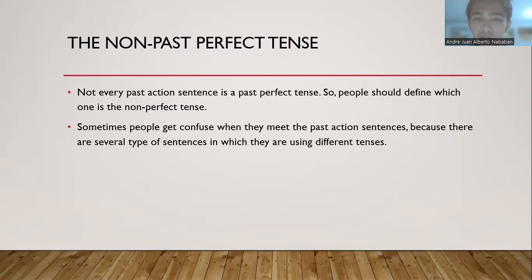Sometimes people get confused when they meet past action sentences because there are several types of sentences using different tenses. As I mentioned before, when we talk about past actions, we can use several tenses: past simple, past continuous, and even past perfect.